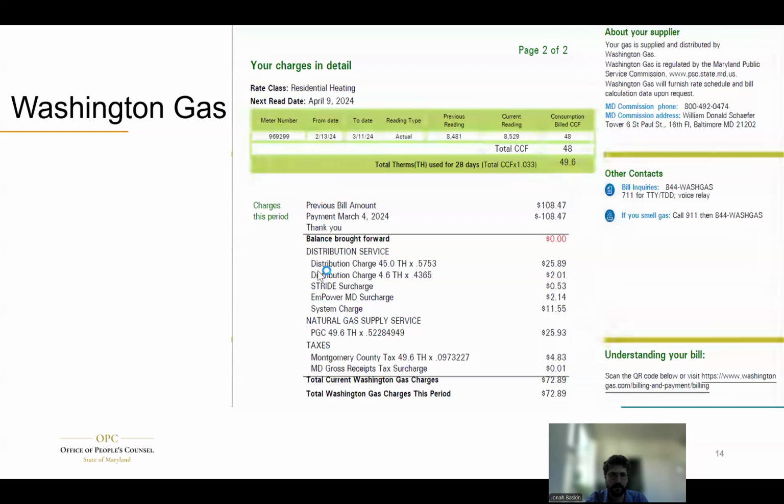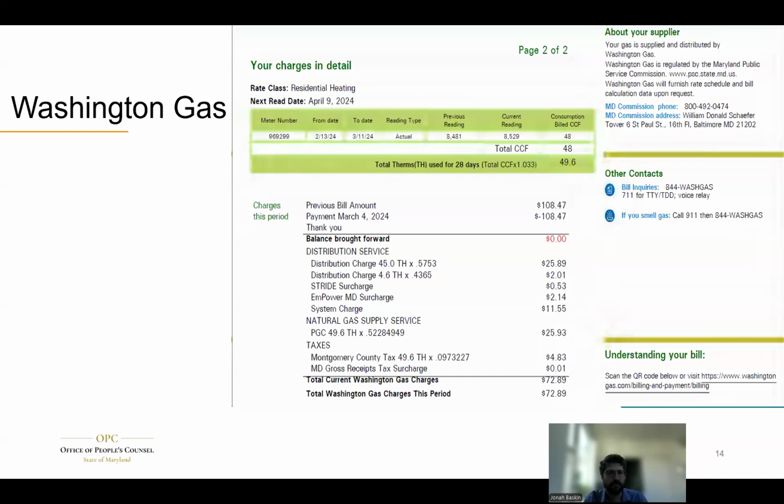So the distribution charge, there are two lines here. This could be that the period spanned more than one month and there was a change in the gas price for the therms. But this is that volumetric charge, so it's based on the amount that you actually used. Then we have a STRI surcharge. This is something we haven't seen before.